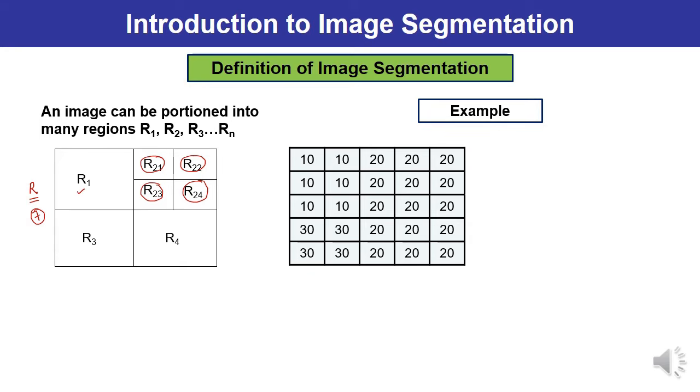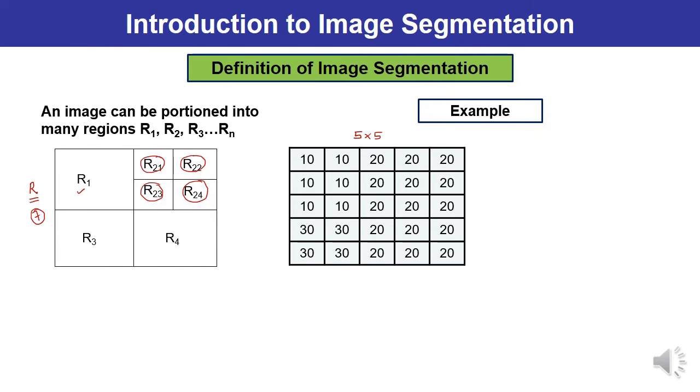See, in this particular example, you can see our original image is given. This image is of size 5 cross 5. There are 5 rows and 5 columns. If you observe this image, for each and every point there is a value mentioned, which denotes the intensity level of the pixels.